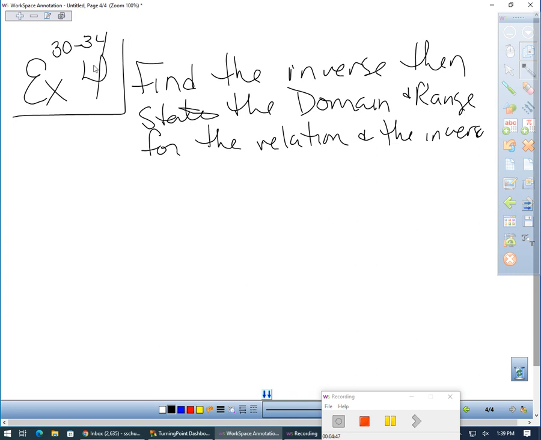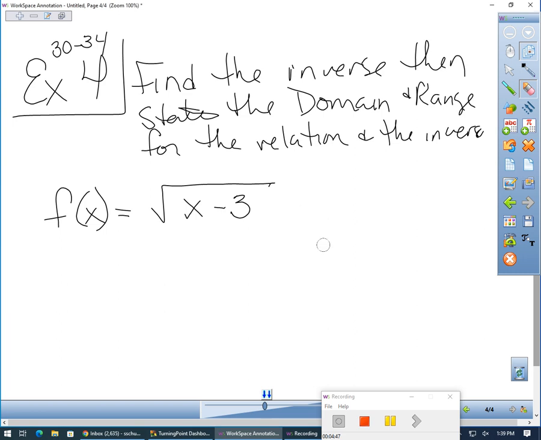So if I were to give you, well, let's go this way, f of x equals the square root of x minus 3. Here's my original function. First of all, f of x really means what? Y. Very good. Okay. Before we do our inverse, let's talk about our domain and range.